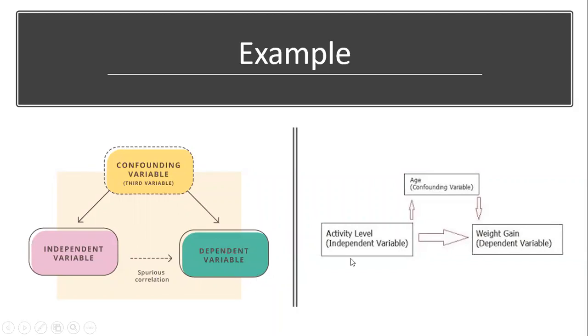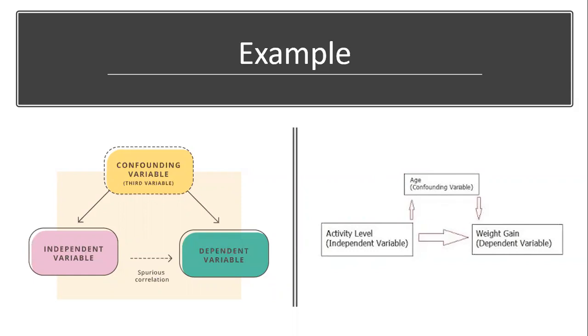So for example, if we were interested in examining the relationship between activity level and weight gain, some of the potential confounding variables could be one's age, but it could also be levels of stress, diet, depression, and so on and so forth.